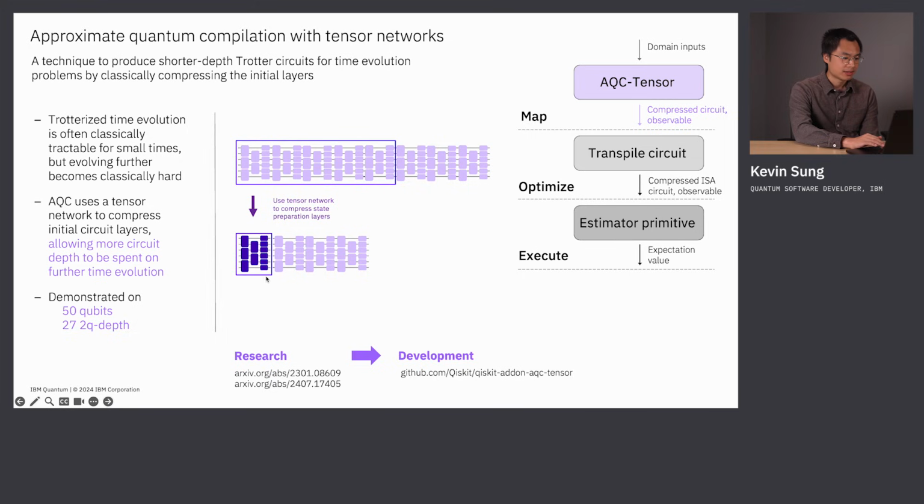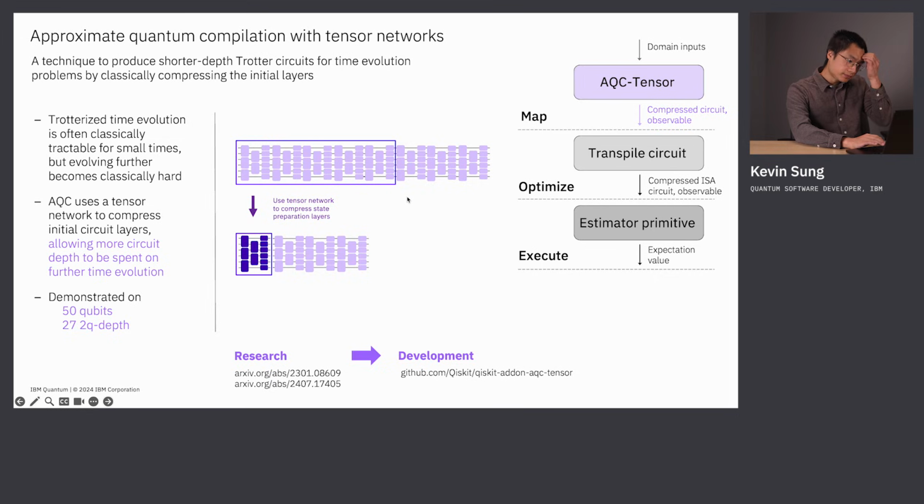So now this smaller circuit is performing the same job as this larger circuit, and so at the end of the day we have another circuit that has many fewer gates but performs the same or nearly the same operation as our original circuit.